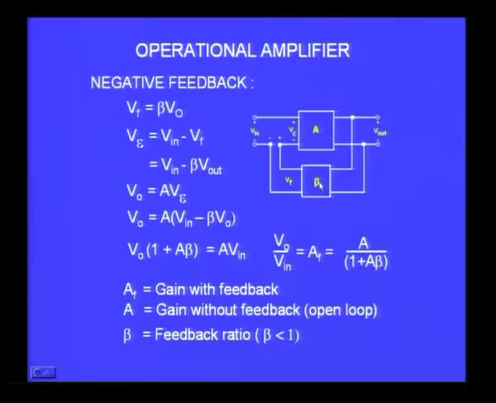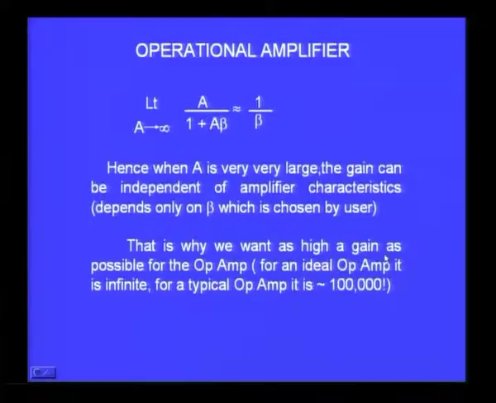It is usually less than 1, and so A beta will be a very large number. In an ideal case, when you have the limit A tending to infinity, this expression will become 1 by beta, that I also explained to you last time. And that means beta is in the hands of the user of the op amp.